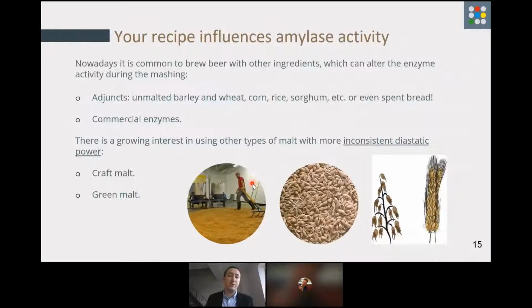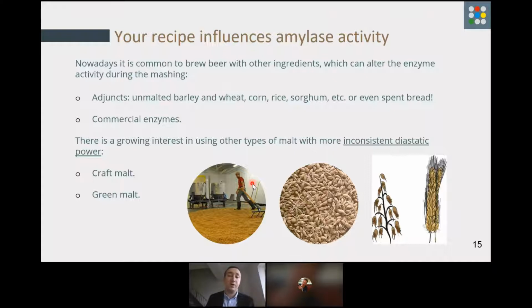And when we talk about recipe, we need to think that nowadays most brewing is done with malt, but not just malt. Many breweries use what are called adjuncts, that is non-germinated or non-malted cereals, like unmalted barley and wheat, but also corn, rice, sorghum.